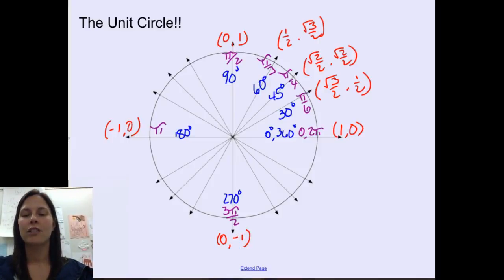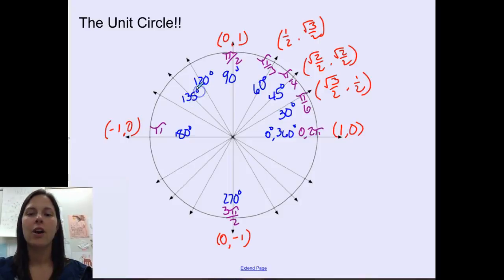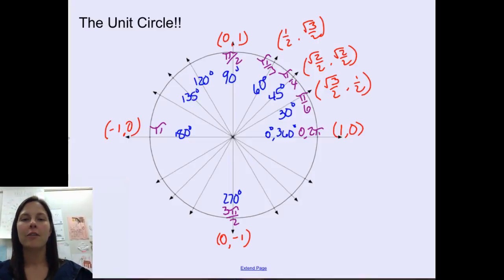All right, getting those degrees in the other quadrants. So the 60 degrees reflects over another 60 degrees to 120 degrees. 90 plus 45 is 135 degrees, or you can think about the fact that 45 degrees is 15 degrees away from the 60, so you add another 15 degrees.